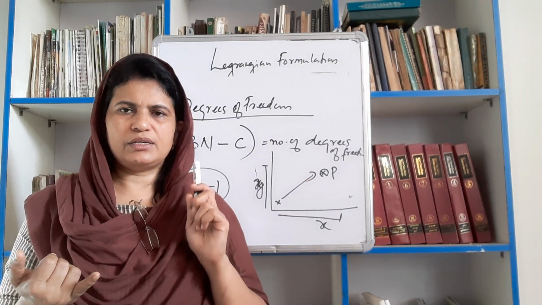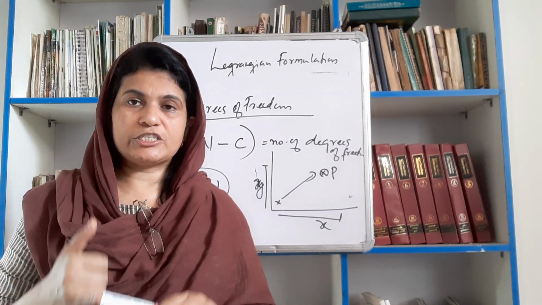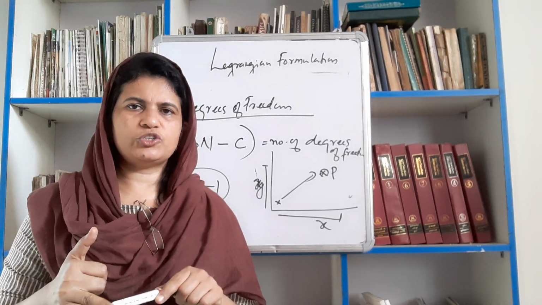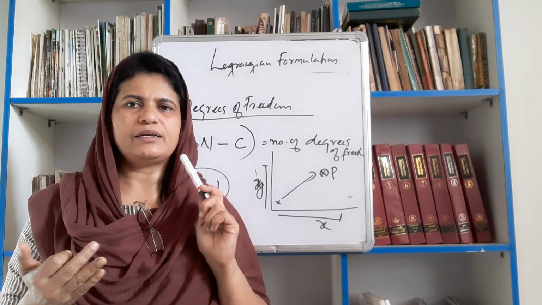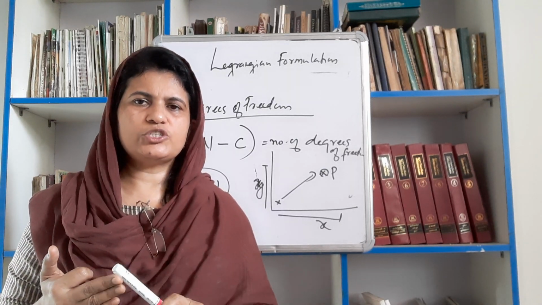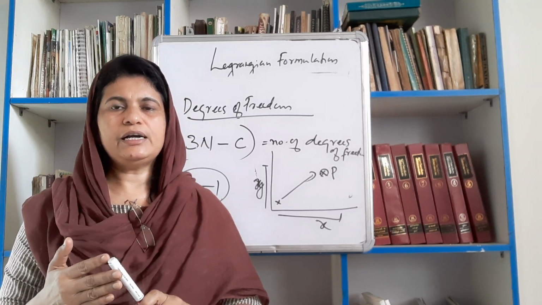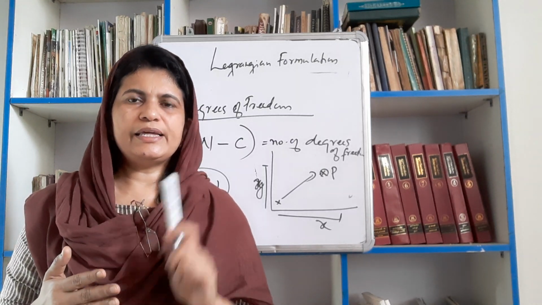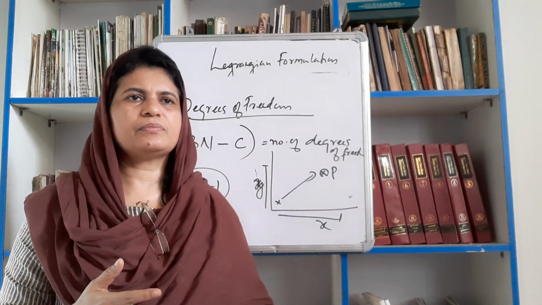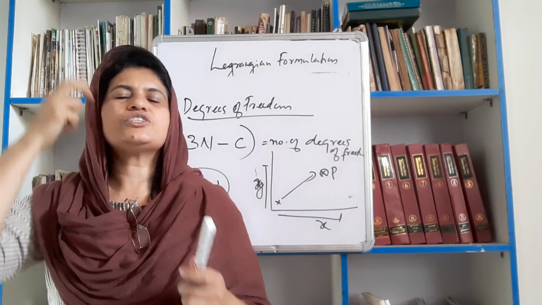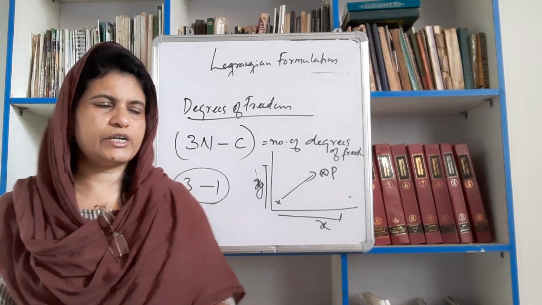That is, constraints, examples of constrained motions. You can give more examples and classifications. Then virtual displacement, virtual work done, and D'Alembert's principle, then degrees of freedom and generalized coordinates. Your textbooks I will show you.